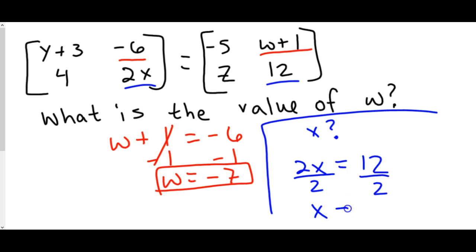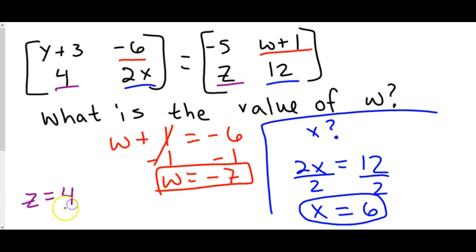So you divide by 2, then 12 divided by 2 is 6. So you can find any variable they ask for, even if, so like the z, if they asked for z, z corresponds to 4. There's no actual solving to be done. Once we have identified they correspond, since z was already alone, z is just 4.